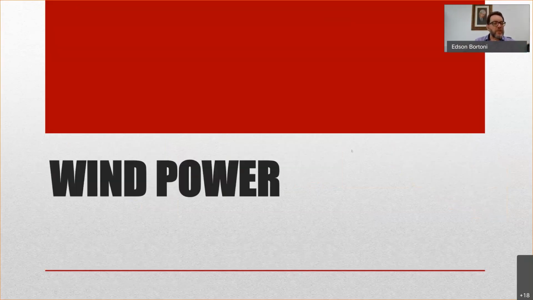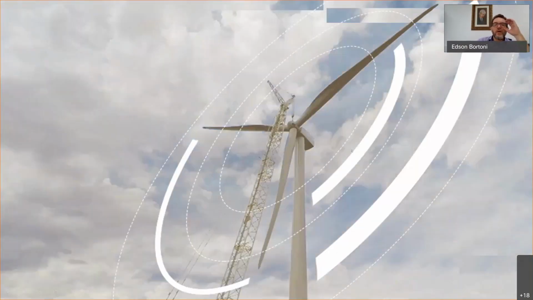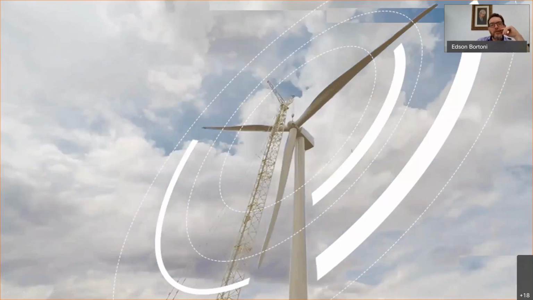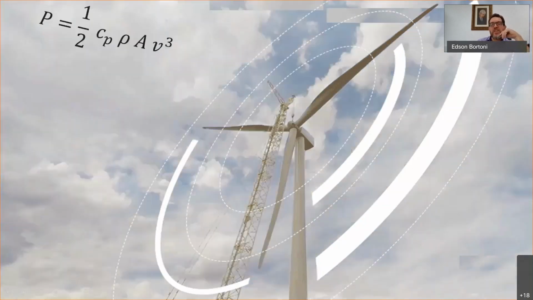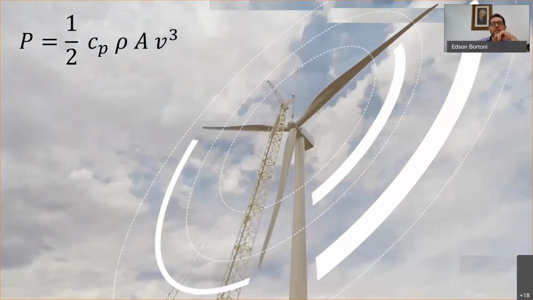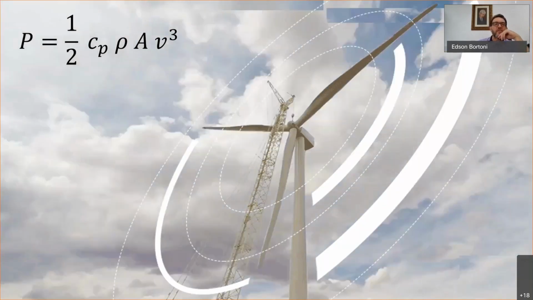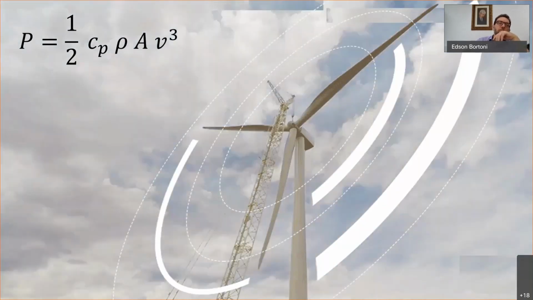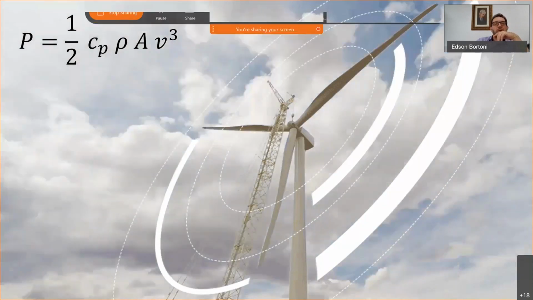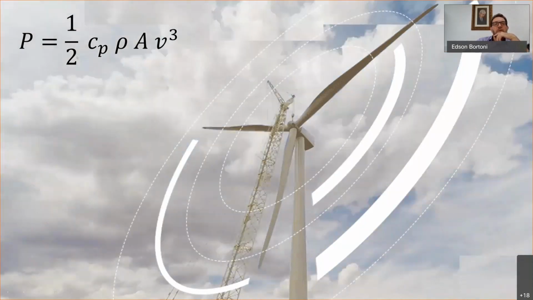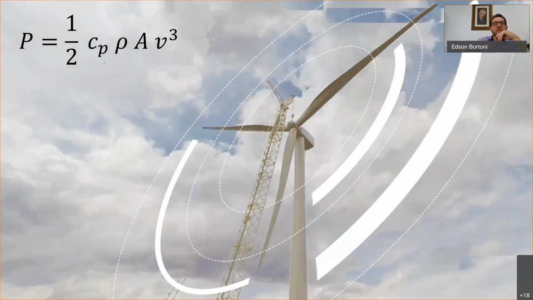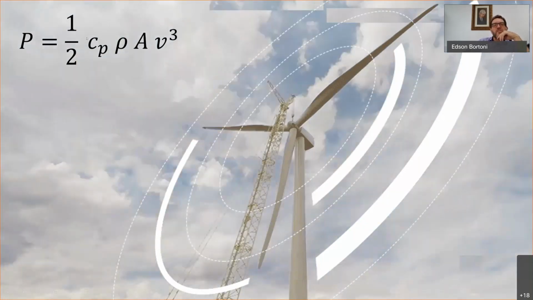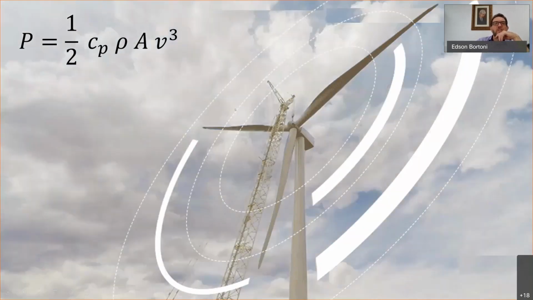So let's talk about wind power. The equation that governs the wind power generation is that the power you can get is: CP is the efficiency of the wind generation.